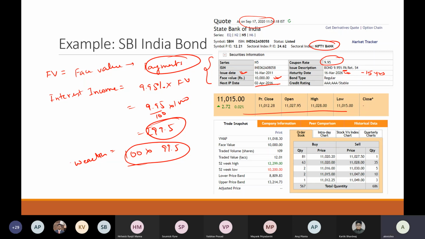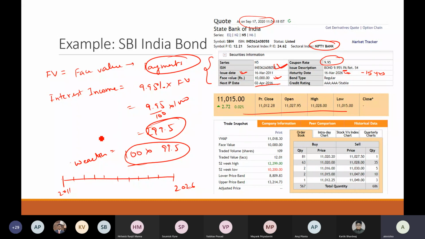So think of a situation where you are evaluating this bond, and I'm assuming we are standing in 2011. Hypothetically, whenever a bond is going to be issued, all this information that we have seen here, the issuer will have to make public.